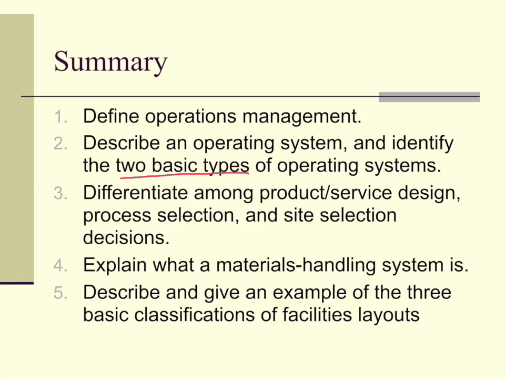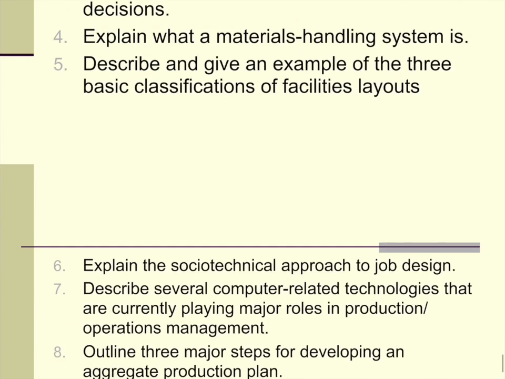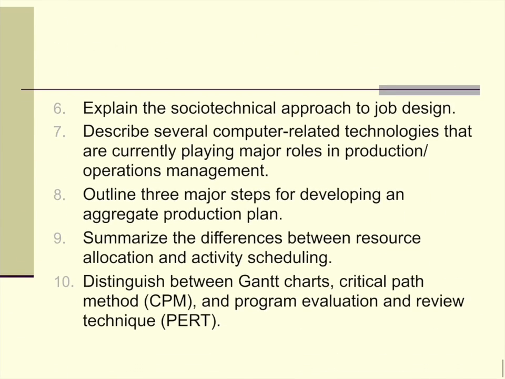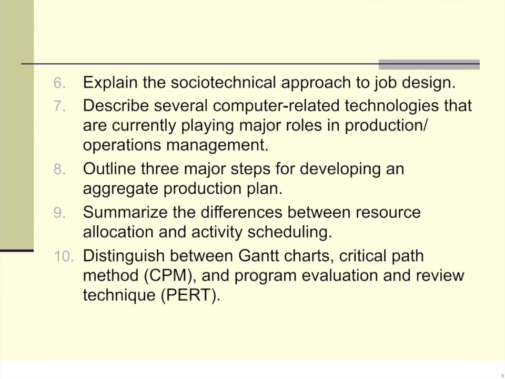What are the three basic classifications of facilities layout? Product layout, and then process layout, and then you can review our method again from before. That is the point that we talked about in this subject.